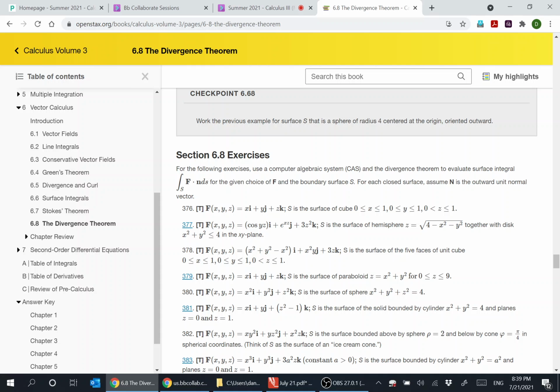It doesn't say missing the bottom. It must mean 6.